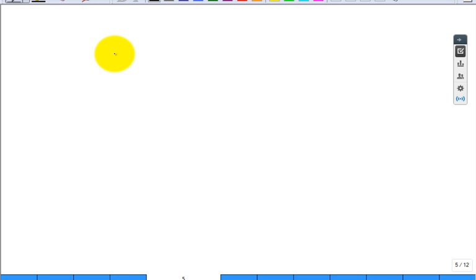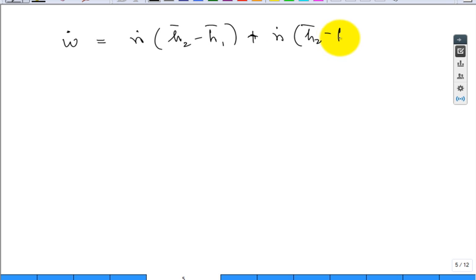Well, you say, go back to this equation. W dot is going to be the molar flow rate times H bar 2 minus H bar 1 plus the molar flow rate times the H bar 2 minus the H bar 1. This is all for the carbon dioxide. This is all for the nitrogen, right? Okay, now somebody says I need to do that if it's isentropic.